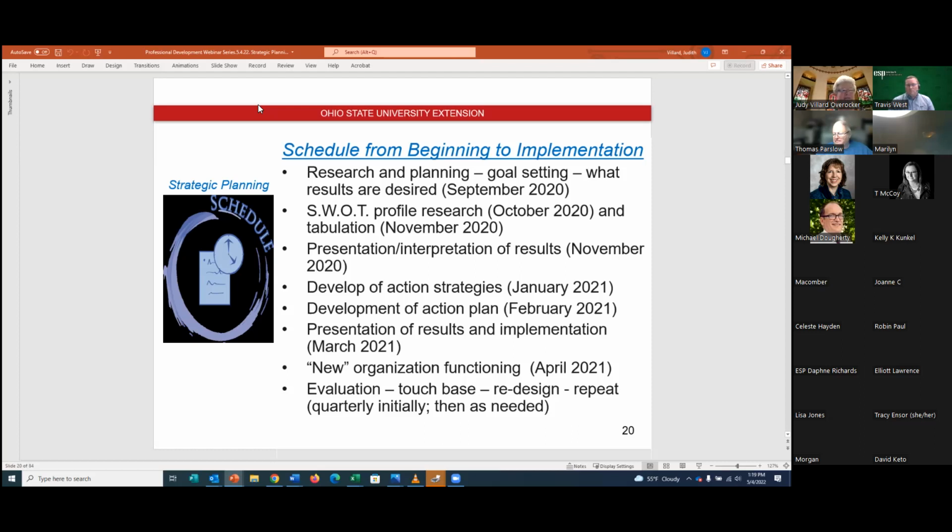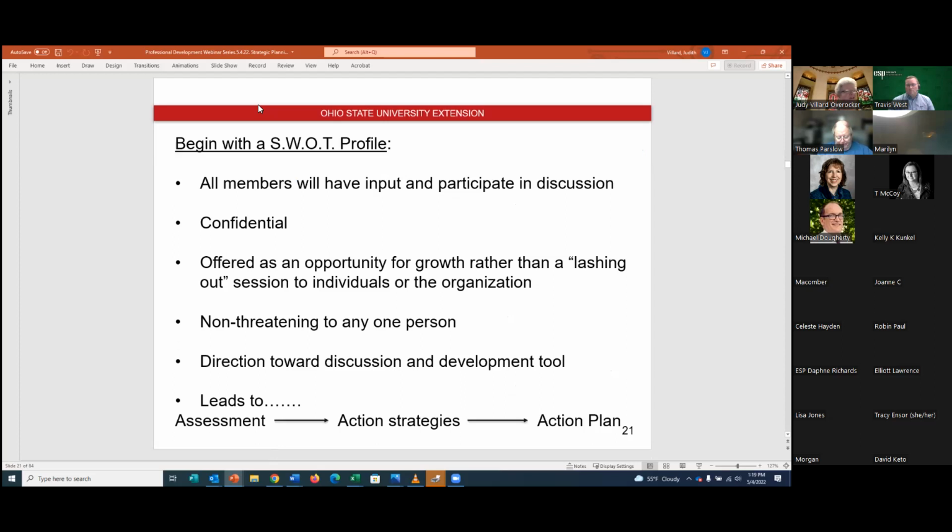The results and the implementation were going to happen in March, and then by April, we were going to have this new organization functioning. That was my plan with the new extension educator to come in June. So we were going to be right on target. And of course, evaluation is continual.